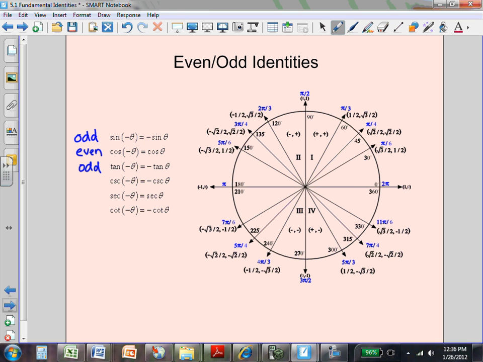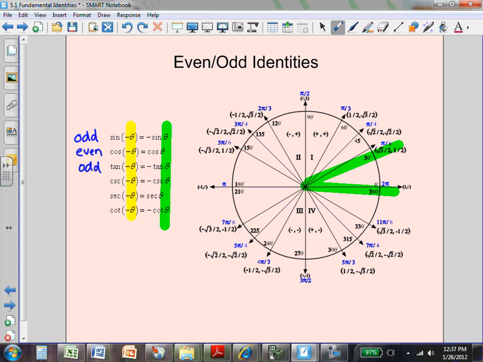So if we have the sine of theta, I want you to first of all notice that over here we're looking at the opposite of theta, and these are all just plain old theta. Actually, I want to do that in a different color. I'm going to do that one in green. So here's theta. Now, I'm just going to pick a particular angle, like 30 degrees, and that's fine.